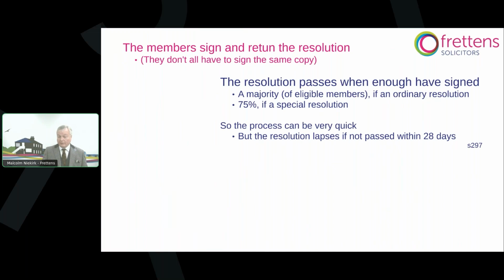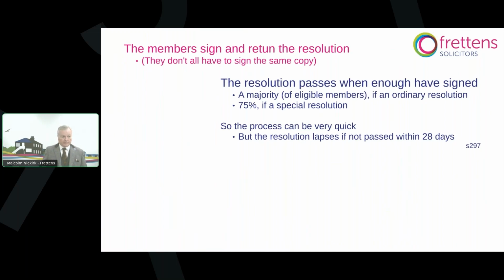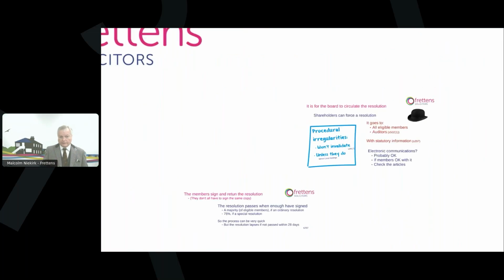So the process can be very, very quick. There is an expiry date. The resolution will lapse if it is not passed within 28 days. And if it lapses and the board still think the resolution can be passed, they will need to start the process all over again. So that's written resolutions.